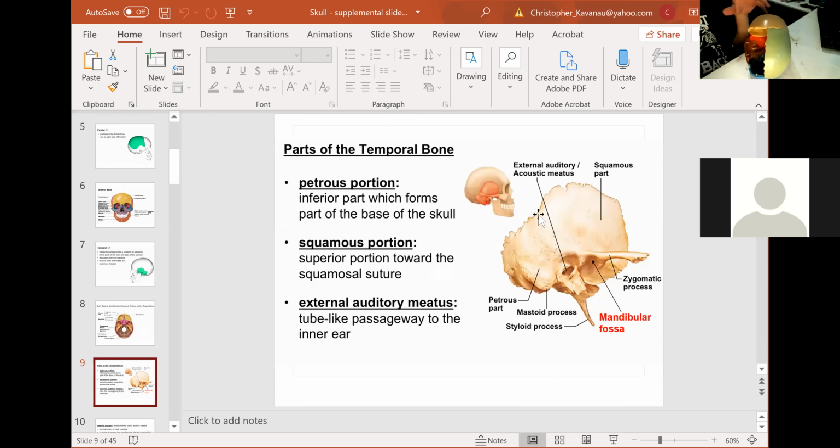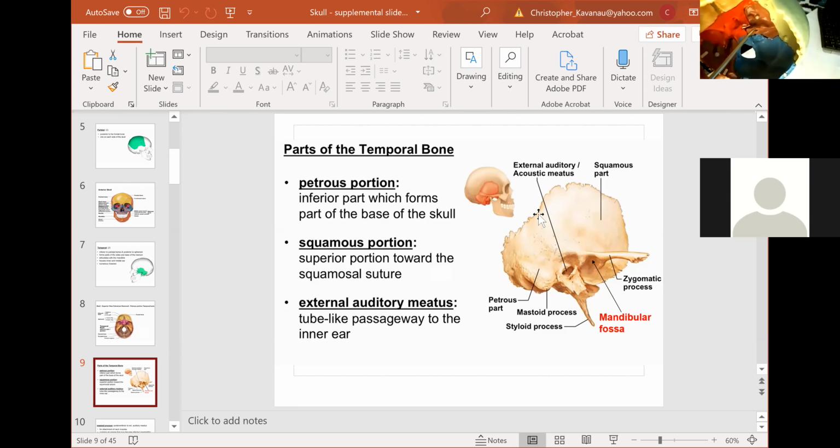And so there's a part known as the petrous portion. Petrous means rocky outcropping. And so I'm going to kind of put my pointer on that. So it kind of looks like a little mountain here on the inside. That's the petrous portion. And we have the inner ear in here.